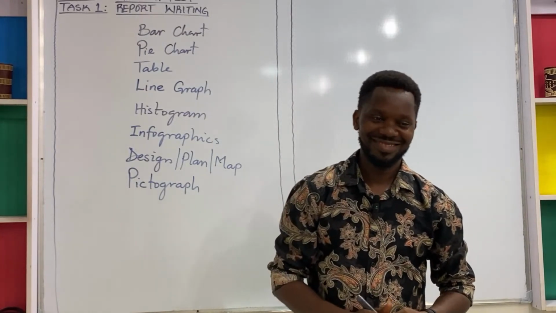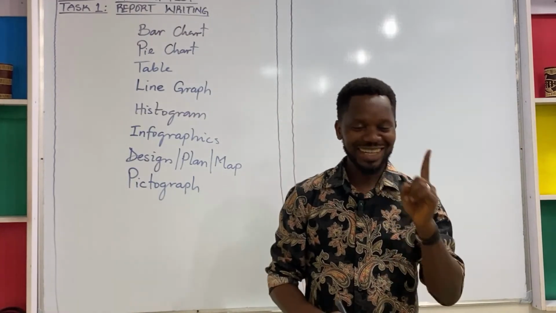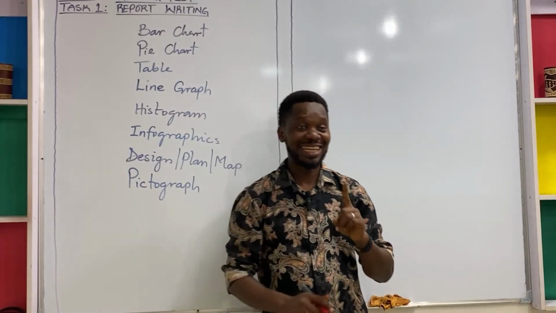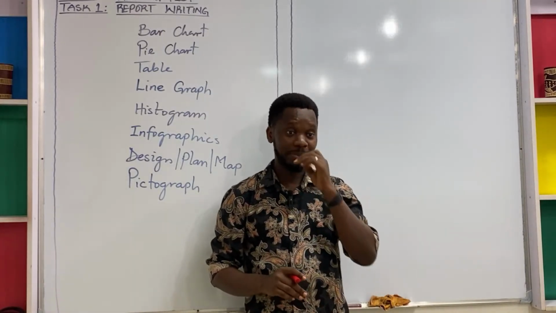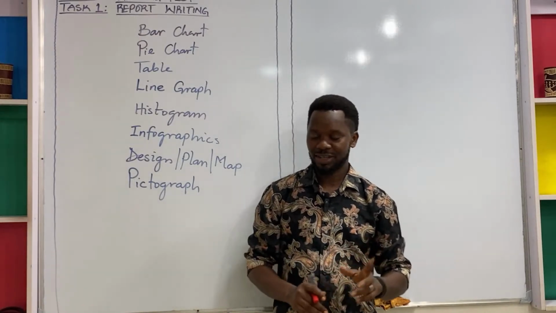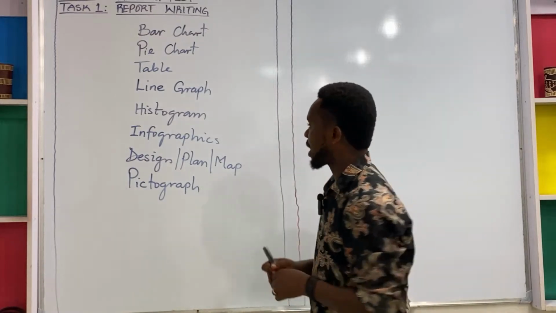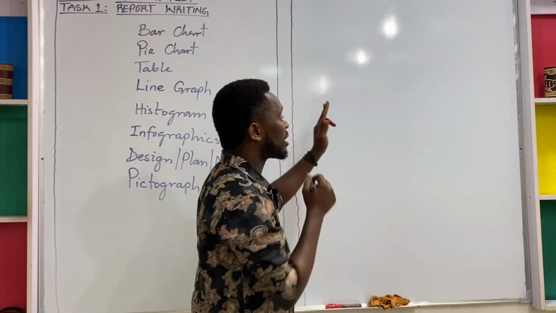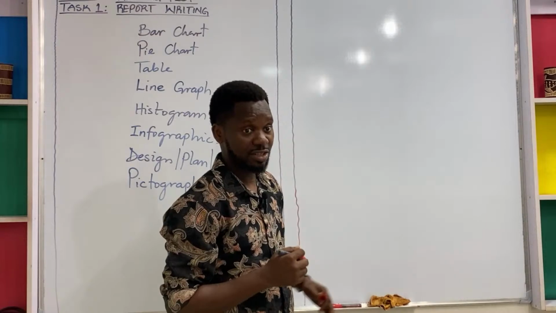Bar charts are always independent. They stand on their own. Every bar stays on its own, right? Your bar chart could be horizontally arranged or vertically arranged, right?